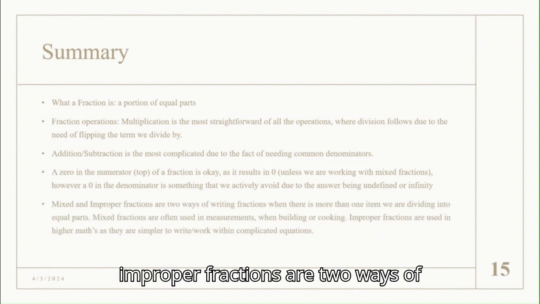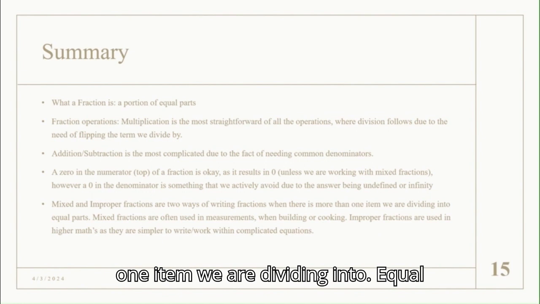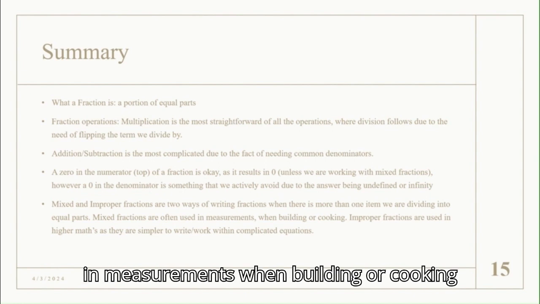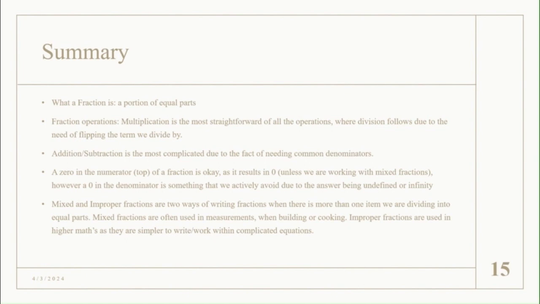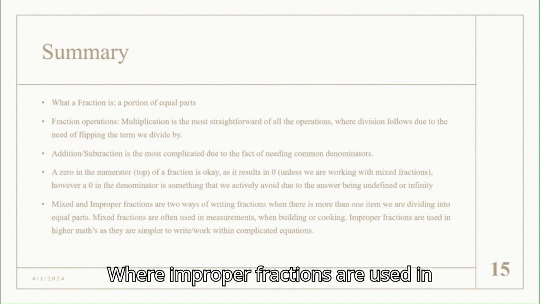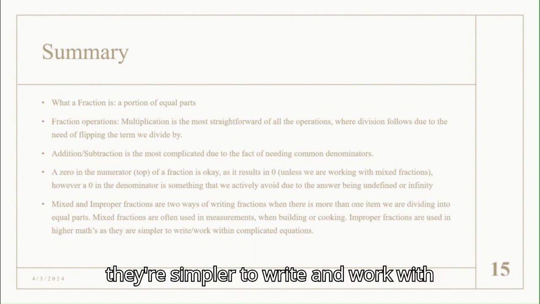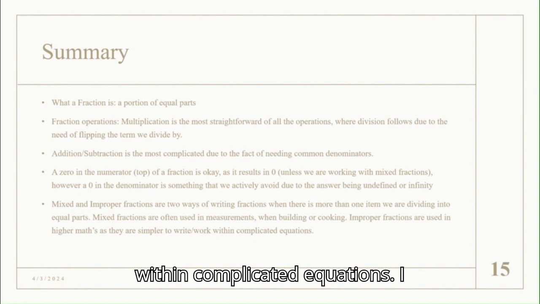Mixed and improper fractions are two ways of writing fractions when there is more than one item we are dividing into equal parts. So mixed fractions are often used in measurements when building or cooking or stuff like that, real world stuff. Where improper fractions are used in higher maths or just math in general, as they're simpler to write and work with within complicated equations.